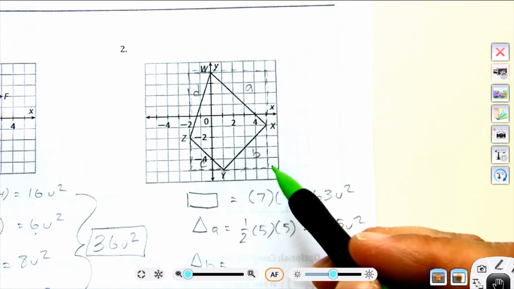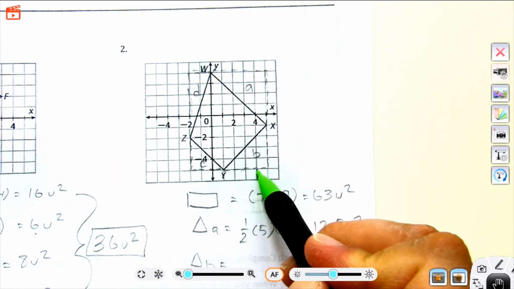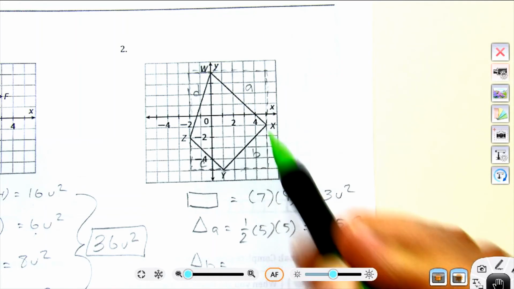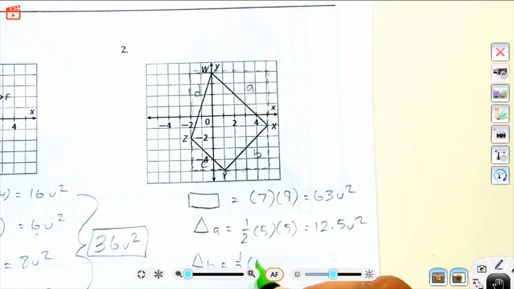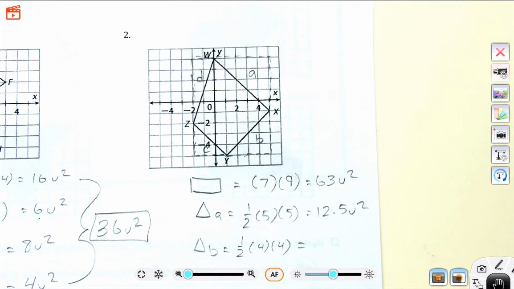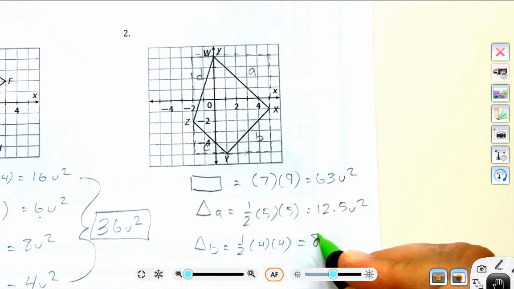Triangle B. So the base would be 1, 2, 3, 4, and the height would be 1, 2, 3, 4. So half of 4 times 4. 4 times 4 is 16, and half of 16 is 8. So this would be 8 units squared.